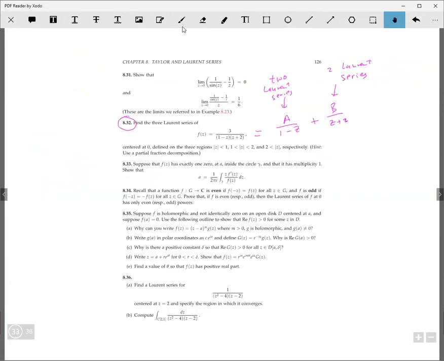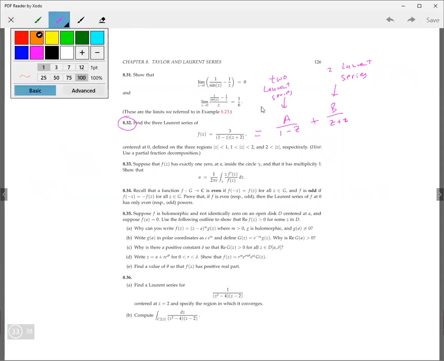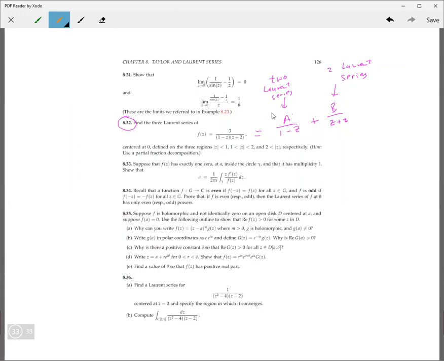So what happens is, for this one, you're also going to have a 1 and a 2. This one will converge for modulus of z less than 1, and this will converge for modulus of z greater than 1.